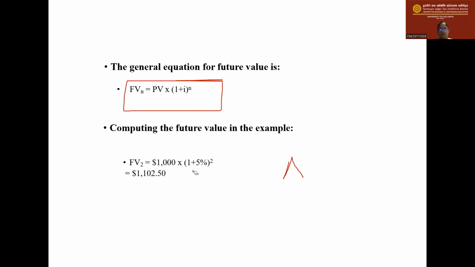Then you obtain some value, then multiply by 1,000. Press Ans times 1,000. Then you can obtain the value as $1,102.50.